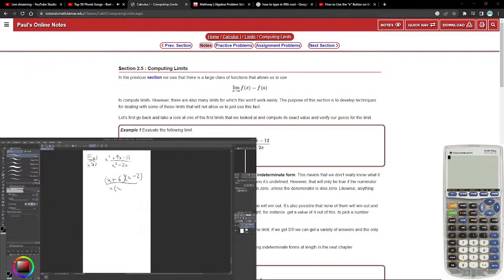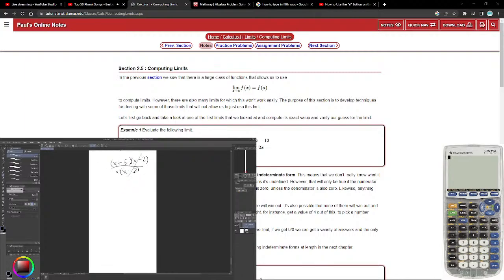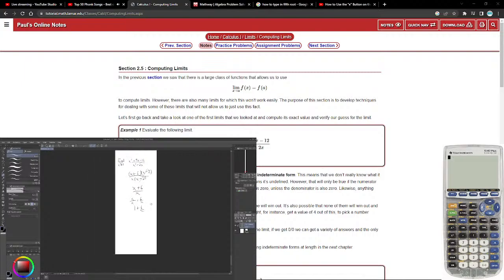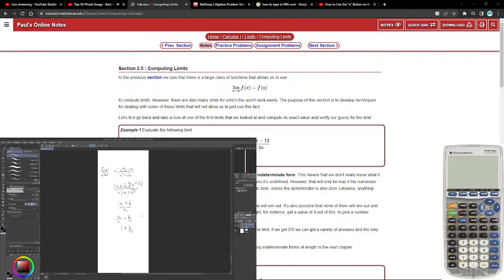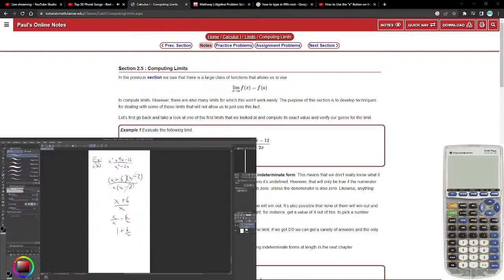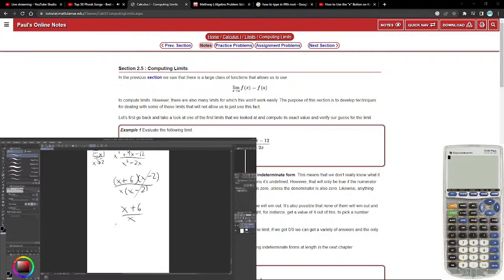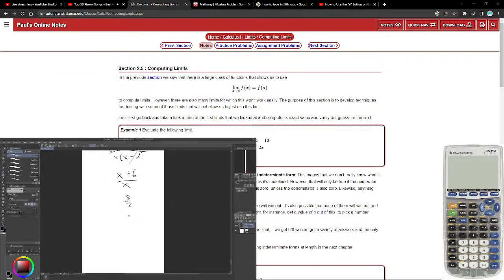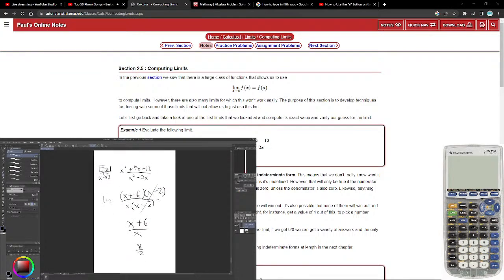Then X minus 2, there, let's cancel out. It's plus 6 over X. X over X plus 6 over X. 1 plus 6 over X. Or wait. Once you have this form, you can just plug it in. 8 over 2. Oh, you gotta keep putting that limit, I forgot.